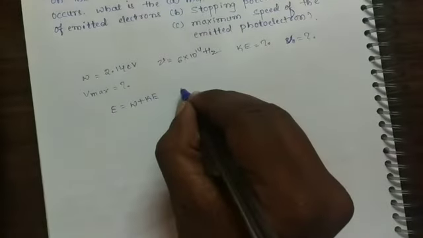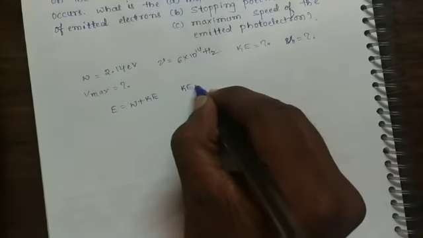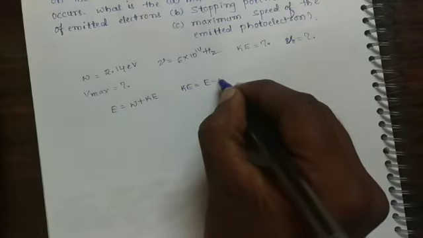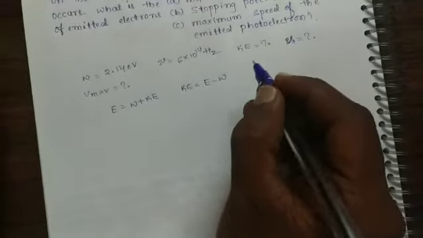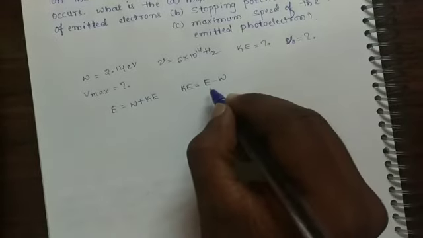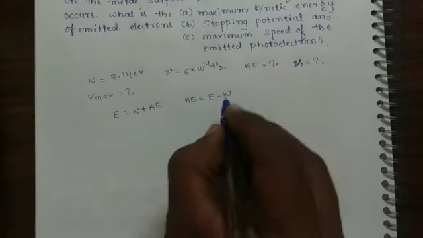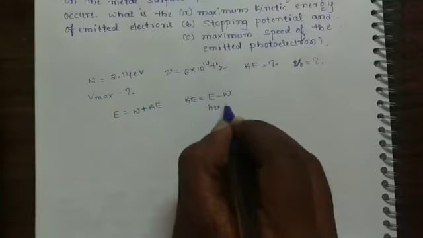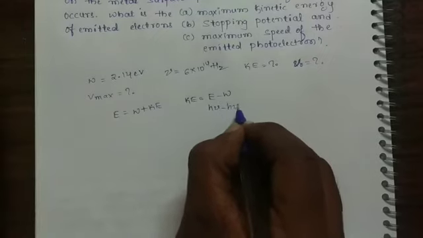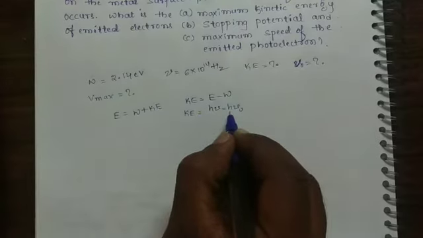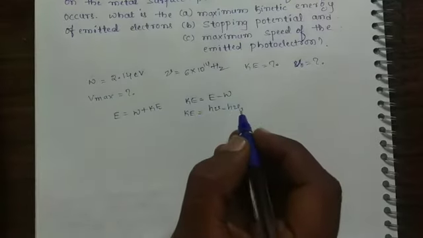So the kinetic energy is equal to E minus work function. You already know that E means energy. Here we consider that the E value is h nu, and the work function is h nu naught. So the kinetic energy is equal to h nu minus h nu naught.